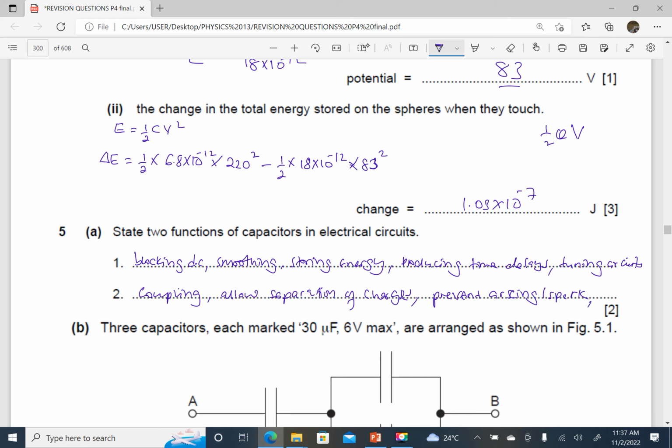Capacitors are used together with other circuits to produce electrical oscillations. By the way, capacitors can be used as temporary power supply.